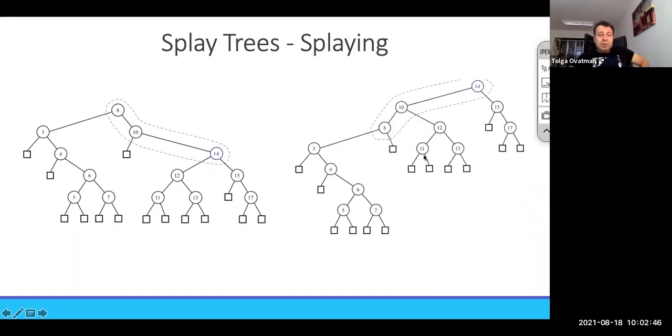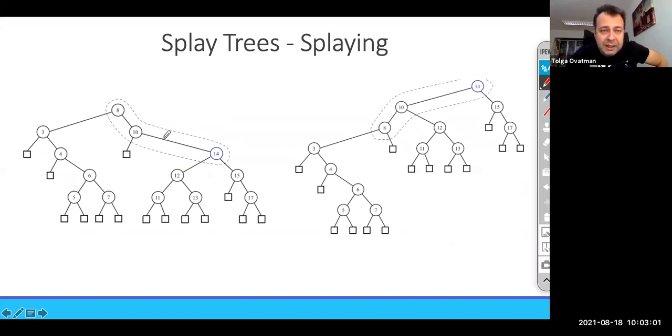We did the first one, even though I believe the second one might be better. We did the first one in here, and we changed the structure like this. But I think it would have been better if we did it the other way around.